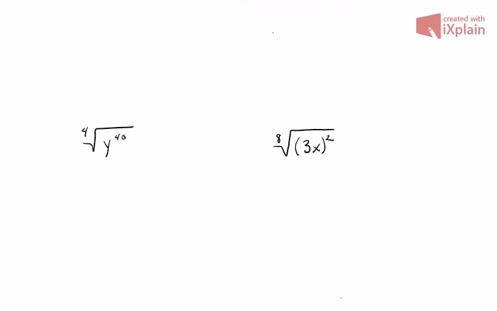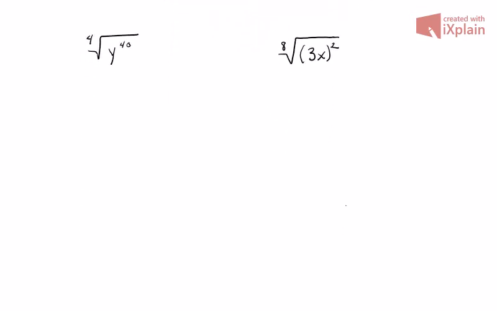Okay, hopefully you've had some time to practice. We're going to take a look at the first two here. For the first one, my goal is to use rational exponents to help me simplify. And where possible, if I still have something left over, an index or a denominator, I want to rewrite this back into its radical form.